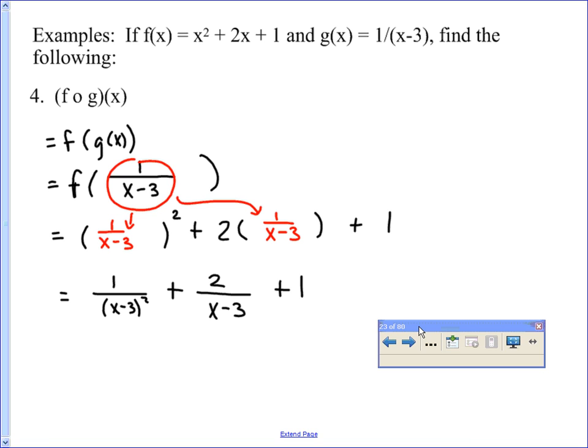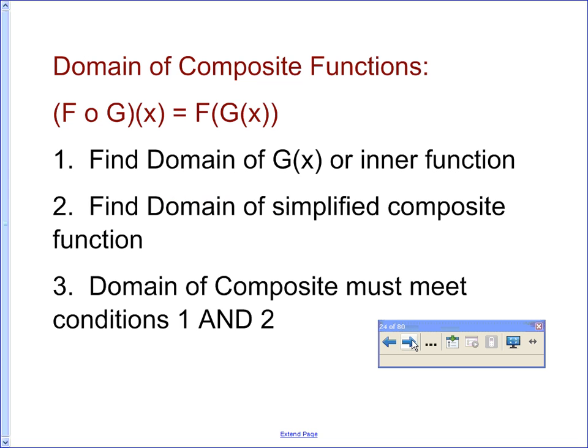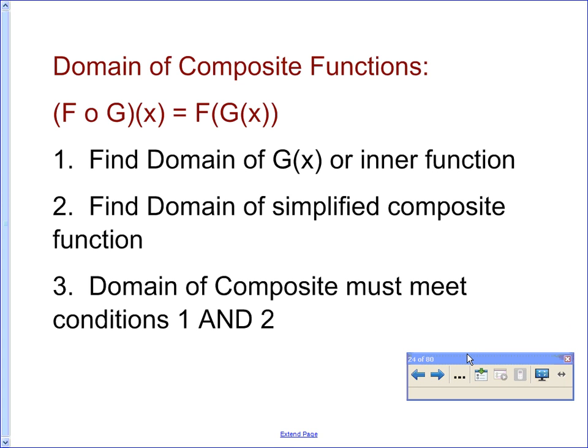All right, now that we've talked about compositions of functions and how to come up with the composition of functions, the equation, now we're going to talk about those with the domain, finding the domain of those. So it's a little more complicated than finding just the domain of a sum, difference, product, or quotient. In this case, what you're going to do is find the domain of the g of x if you're finding f of g of x.